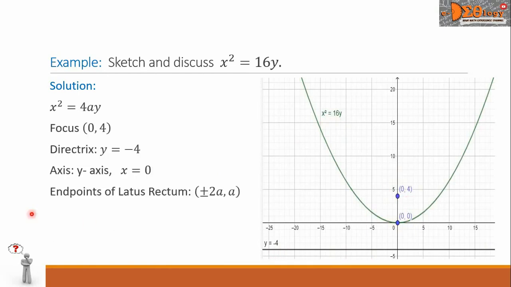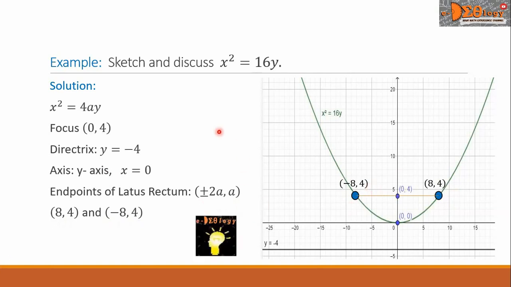And then we can get the endpoints of the latus rectum using the formula plus or minus 2a, a. So the points are (8, 4) and (negative 8, 4). This is our final answer.